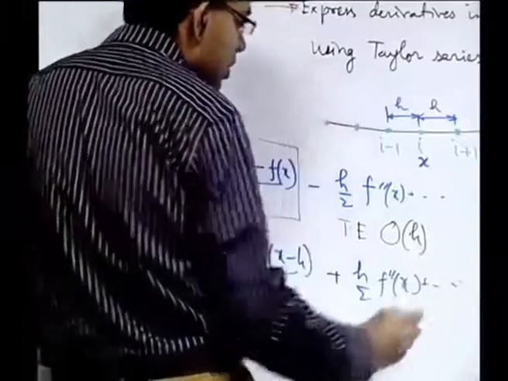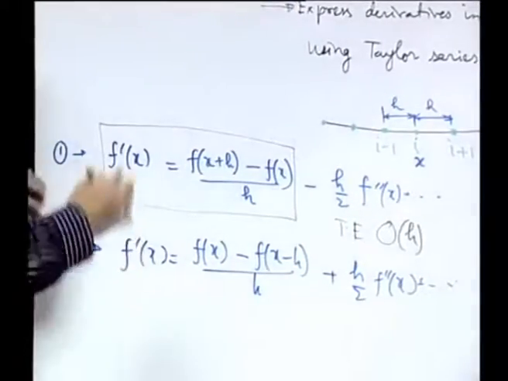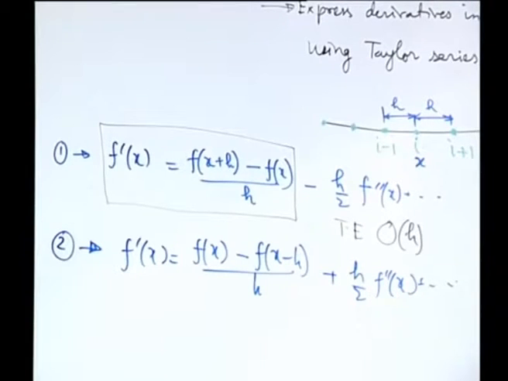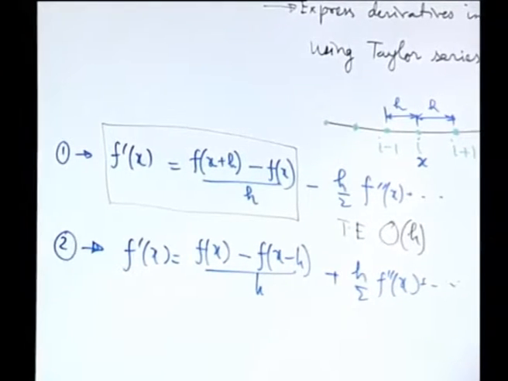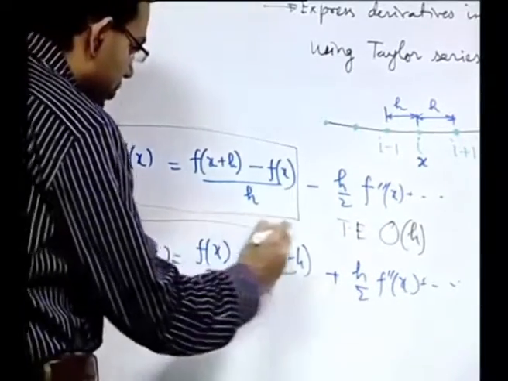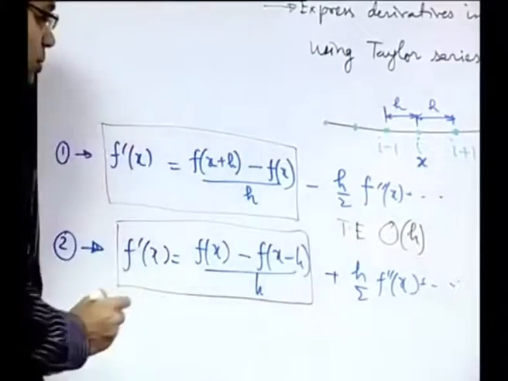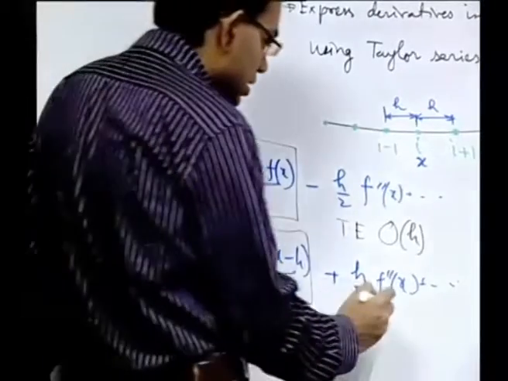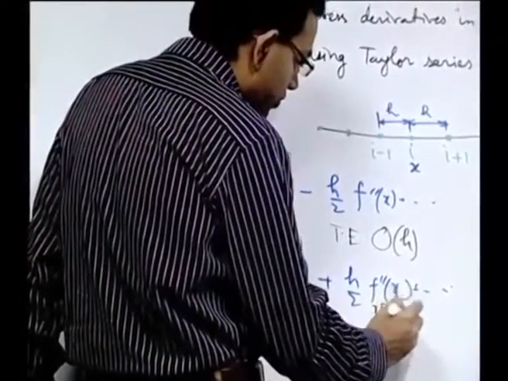The terms which are remaining and which are not considered, whether it is plus or minus is not important, only the order is important, because anyway we are interested in the truncation error. So, if we truncate this expression up to this, then the truncation error is of the order of h.